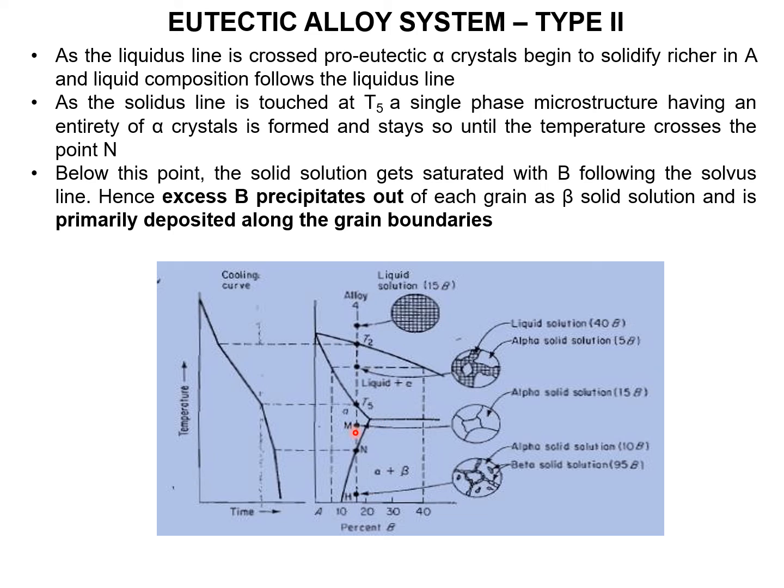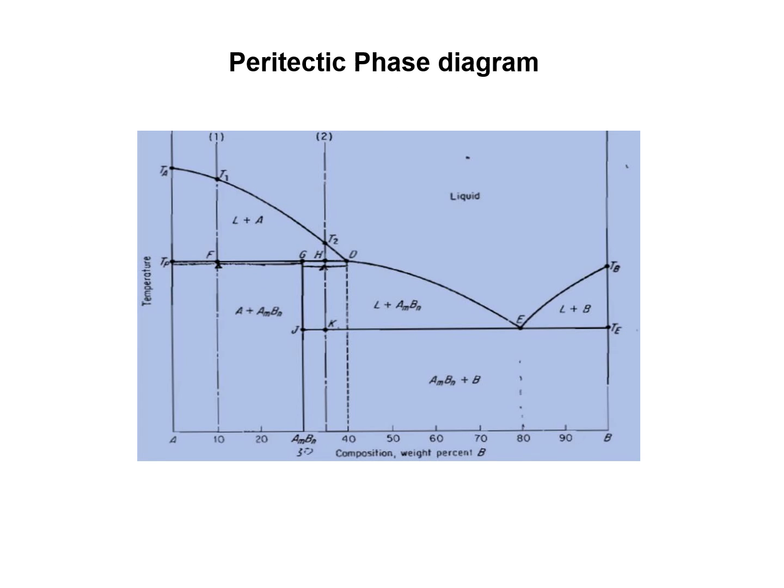Once it crosses this line, the entire liquid is converted into alpha solid. Again it crosses this eutectic line, alpha will be there plus beta will be there. This is called alpha plus beta. Both regions will be there. So this is about eutectic alloy system type 2.